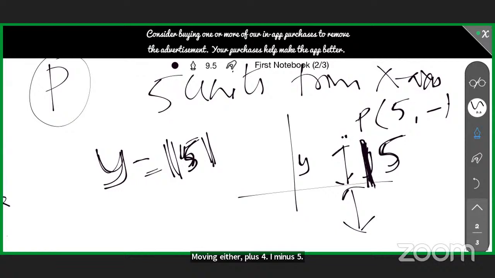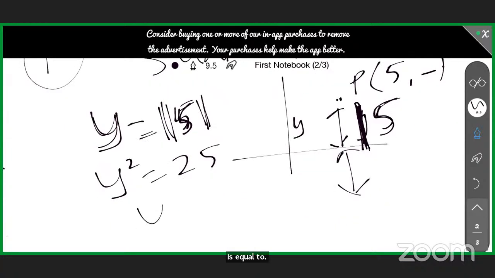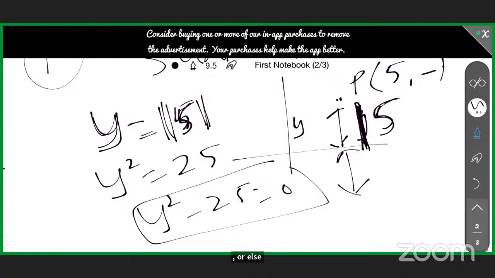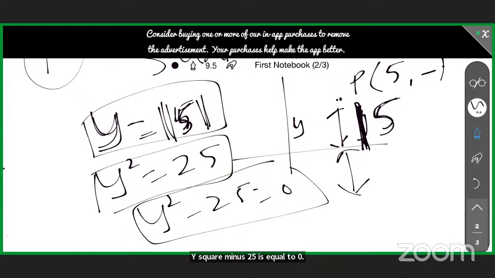The equation will be y is equal to mod 5, or y square is equal to 25, or y square minus 25 is equal to 0. So your equation can be any of these 3 equations. Based on the options given, you have to choose.